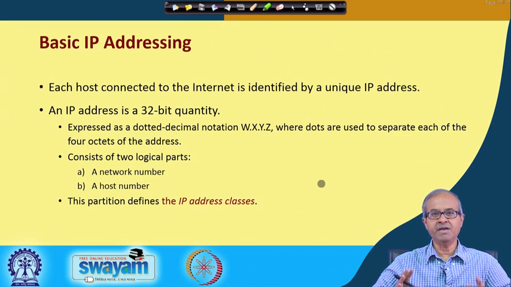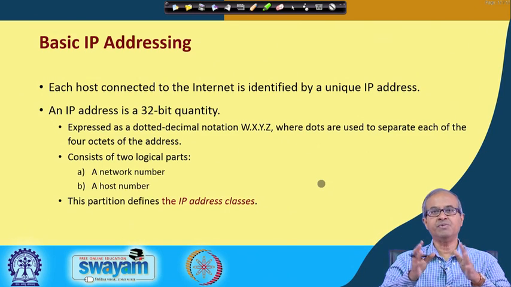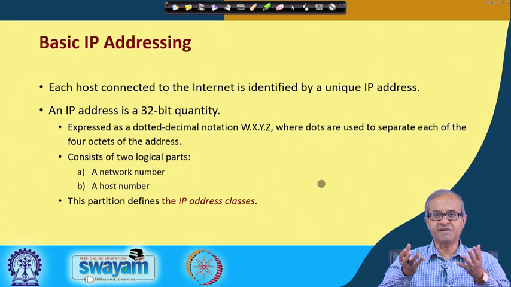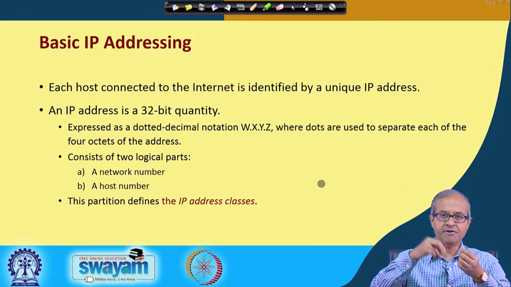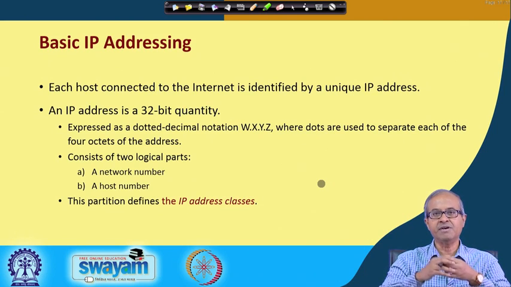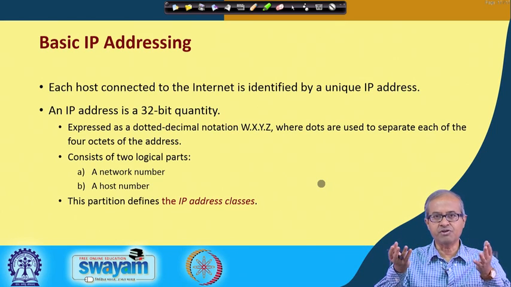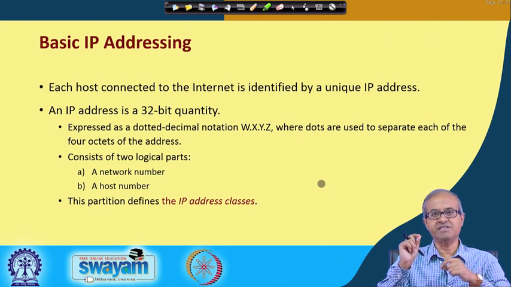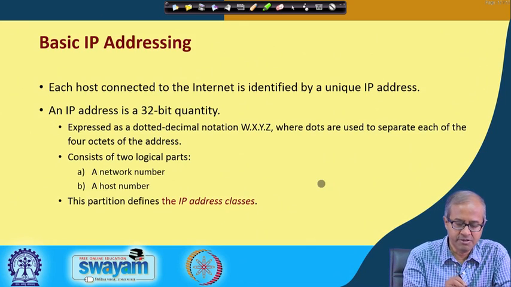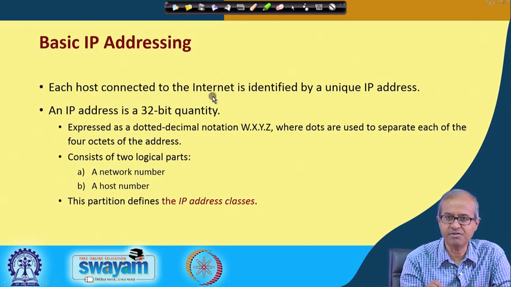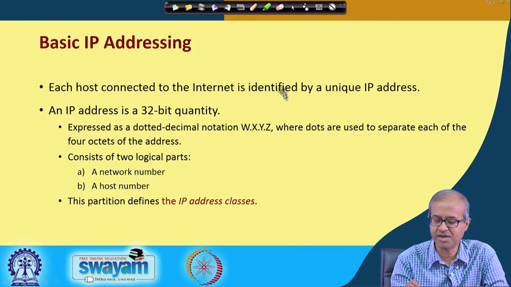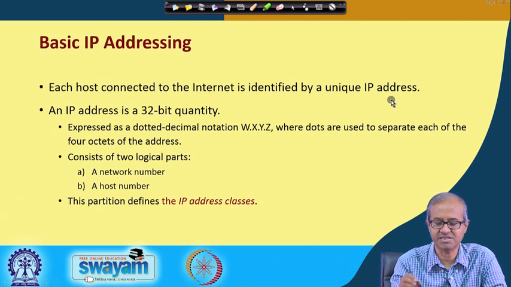At the level of IP, we assign some kind of address to every computer or host, and that address is supposed to be unique, because it is very clear that if it is not unique, and you are sending a packet to some other computer and there are multiple computers with the same IP address, there will be confusion. The routers will not know where to forward, and therefore, this uniqueness in address is very important. So, each host connected to the internet has to be identified by a unique IP address.